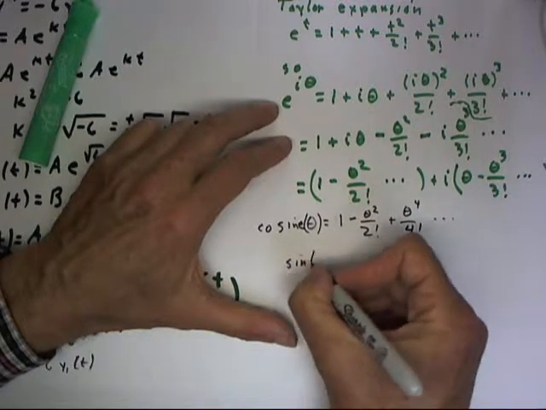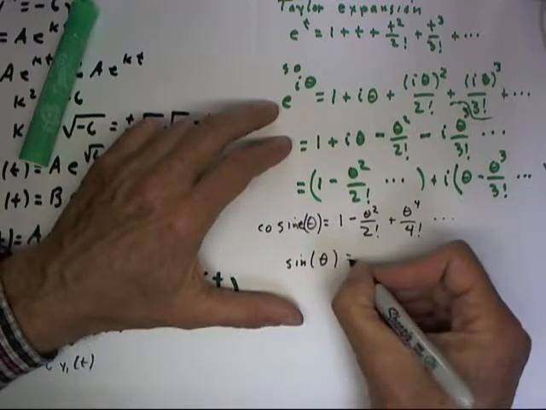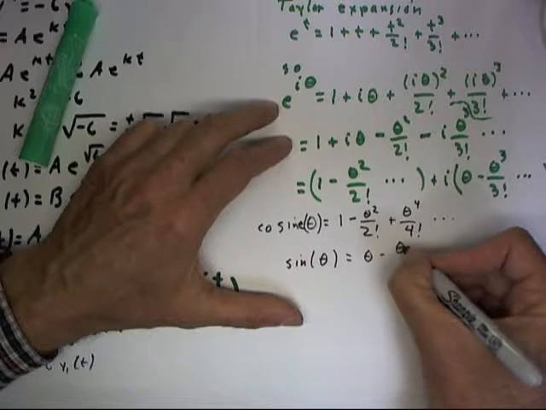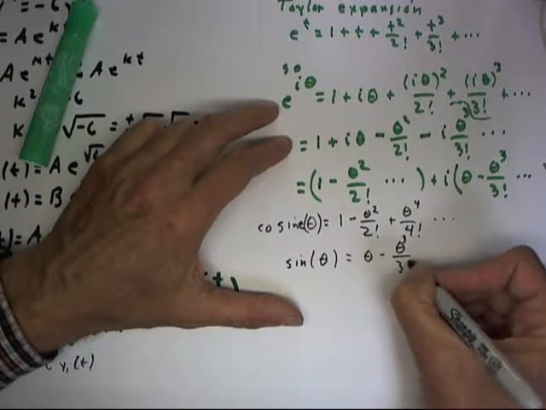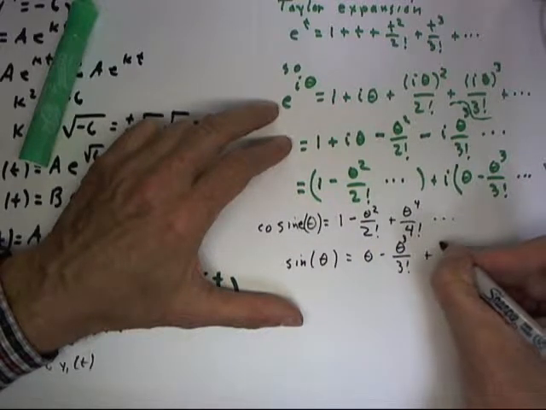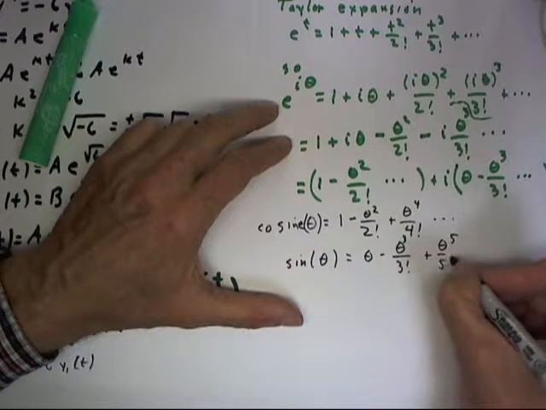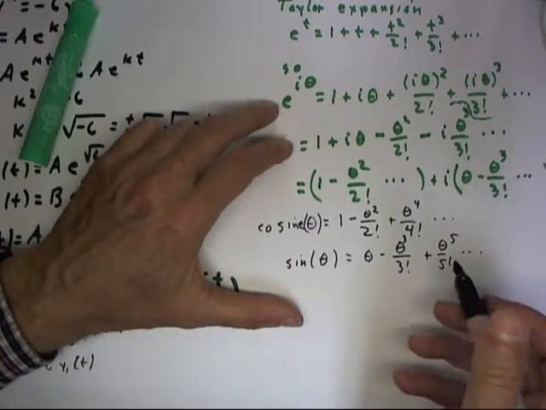And sine of theta is going to equal theta minus theta cubed over 3 factorial plus theta to the 5th over 5 factorial, and so forth.